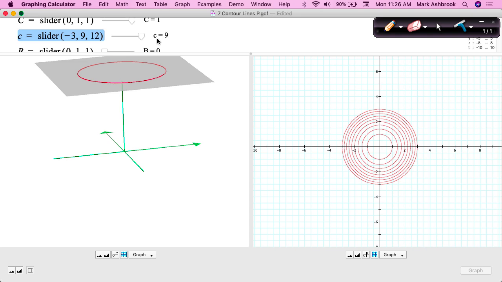So graph a bunch of level curves for equally spaced z values. That's key. So we want the z values to be equally spaced, and then graph all of the level curves in the xy plane. That's a representation of the same function, z equals x squared plus y squared, because we have ordered pairs x and y, and then the red level curves tell us the corresponding value of z. So you've got the function, right, for every x, y.